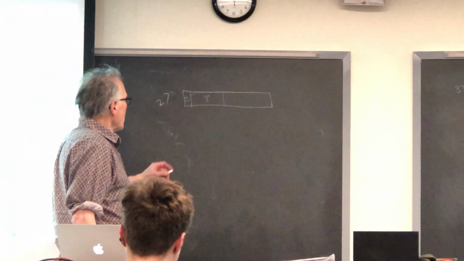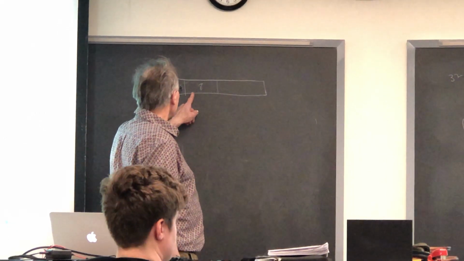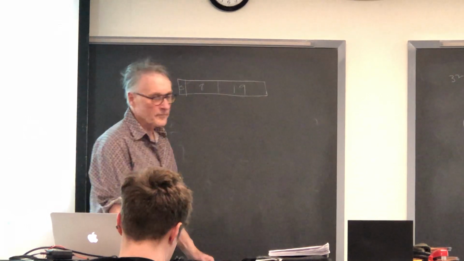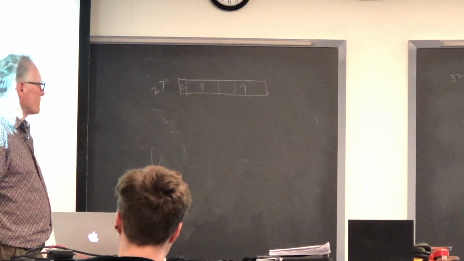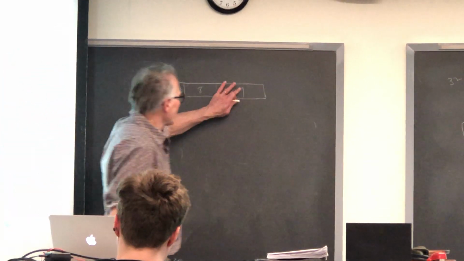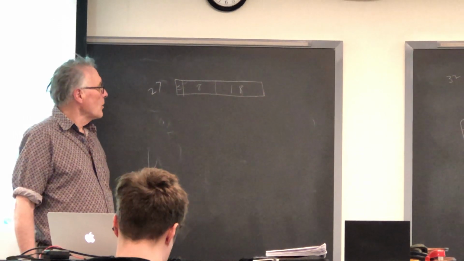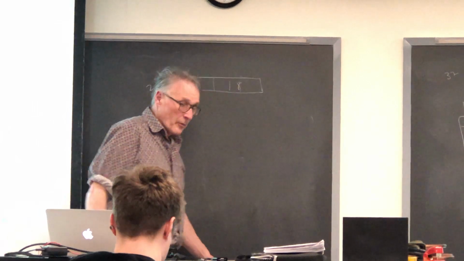So we have 27 minus 9, which is 18 bits of mantissa, with an implicit 19th bit. So that's the format that the students came up with.